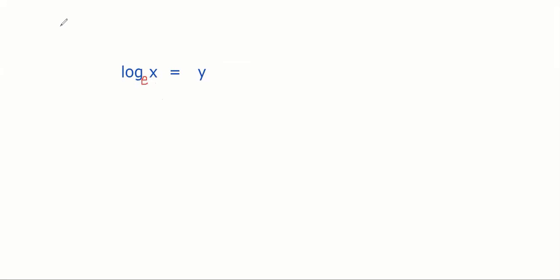So if you write this without logs, you can say e to the power y equal to x. Log of x equal to y means e to the power y equal to x. This is the concept I am telling again and again. This to the power this will be equal to the parameter.